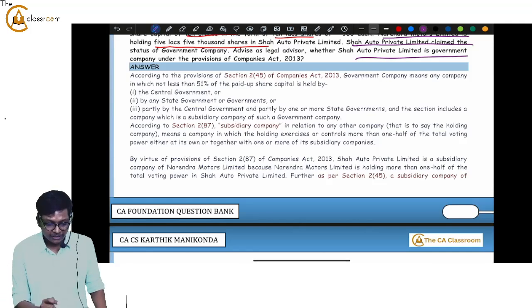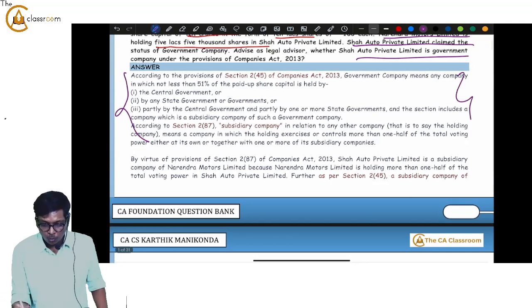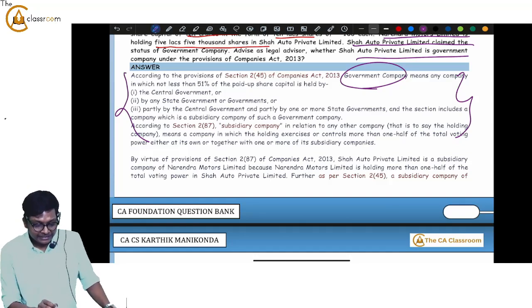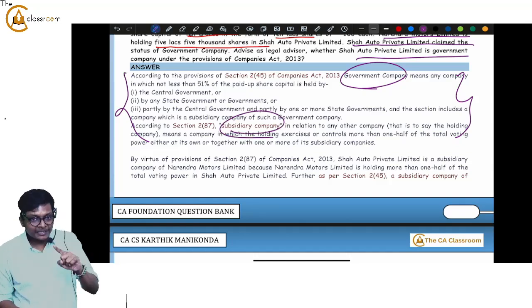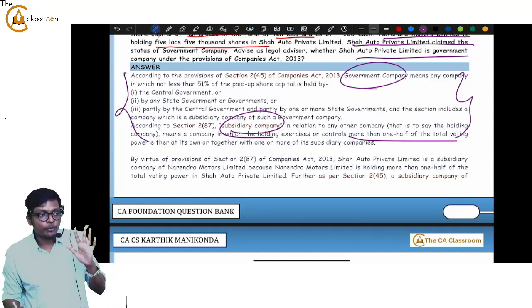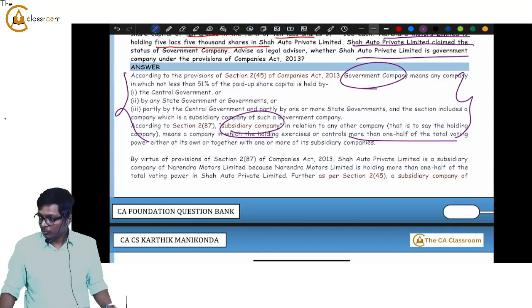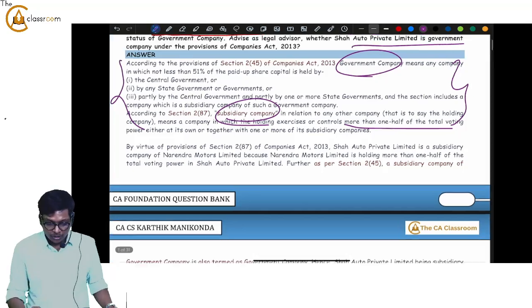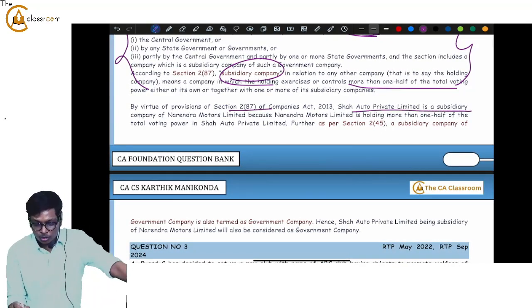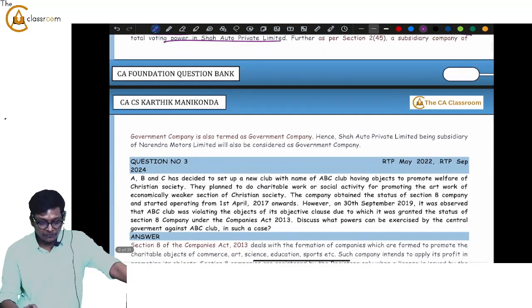Look at the travel. First, you define what is a government company. Next, define what is a subsidiary company, having more than half. Both definitions are important. Then what I will write? By virtue of the above provisions, Shah Auto is a subsidiary of Narendra because it's having more than half.